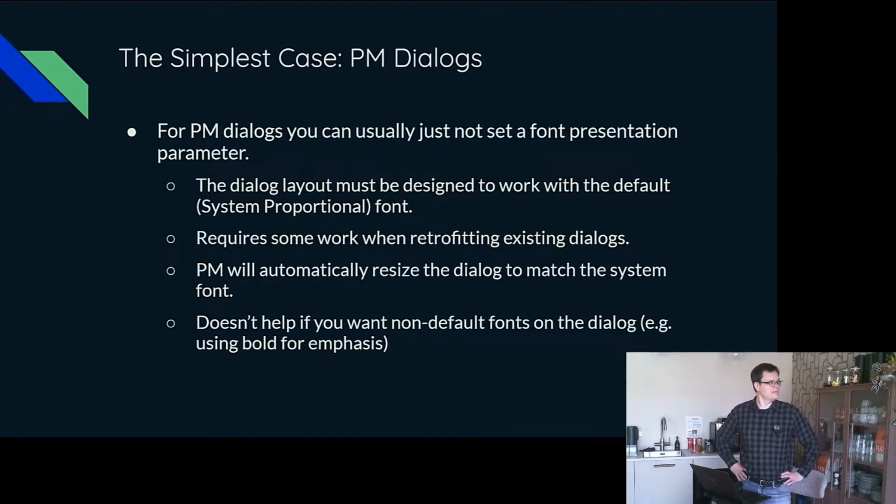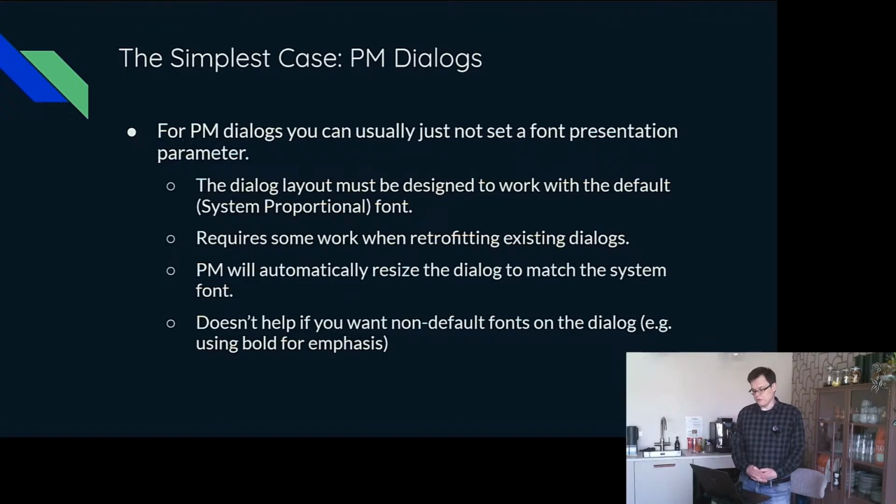So basically, the dialog needs to be laid out so that everything works when no font presentation parameter is set. In other words, you design the dialog with the default system font, which, if nothing is explicitly set, generally defaults to system proportional, 10 or 12 point, depending on the screen resolution. Unfortunately, a lot of software, as I say, isn't designed this way because it wasn't really encouraged in the past by various developer resources.